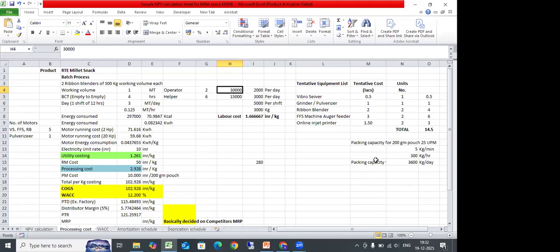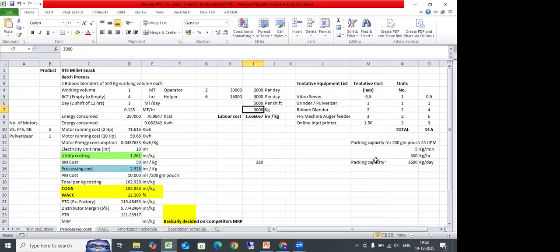That gives me 2,000 per day for the operators and 3,000 per day for all the helpers. So for the whole shift of 12 hours, total manpower cost is 5,000.